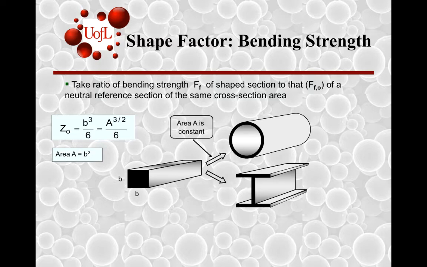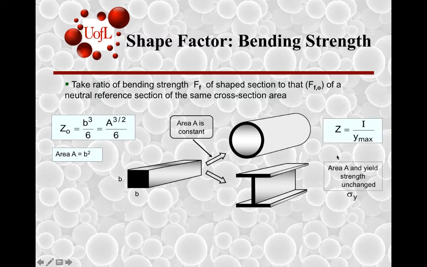If we keep the area constant and move it to new shapes that can be considered for a particular structural design, we basically come to the case where Z is I divided by y max.